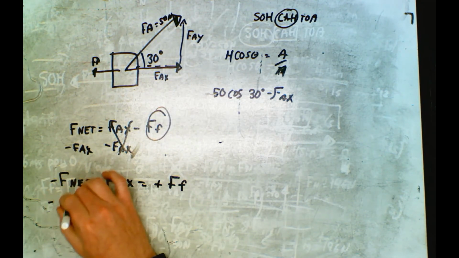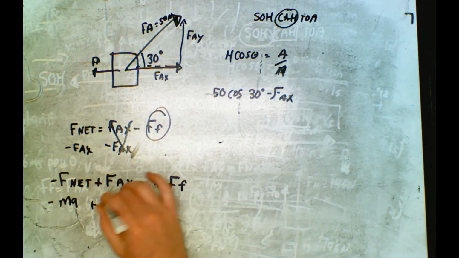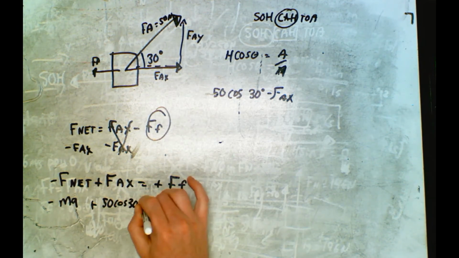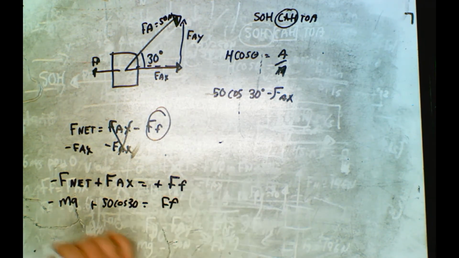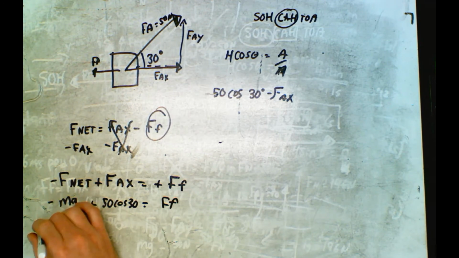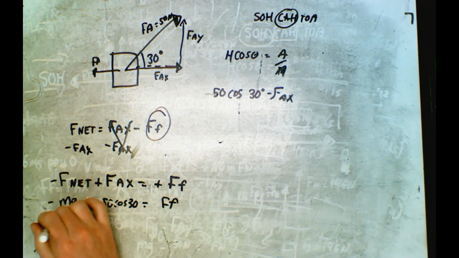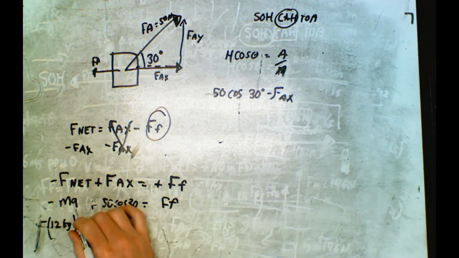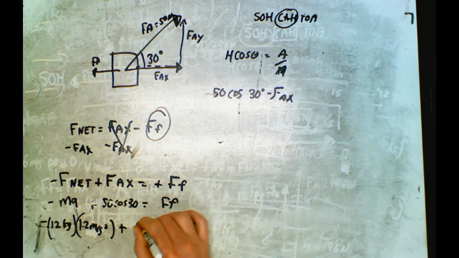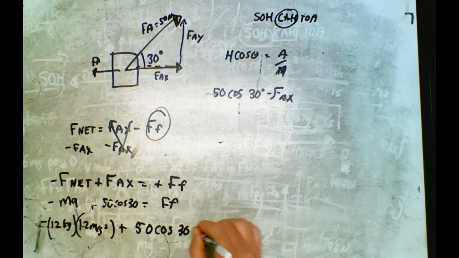So this we can break down into ma, this we can break down into 50 cos 30, and then that's going to equal our force of friction. It said our lawnmower is 12 kilograms, so that should be outside of the brackets. And my acceleration is 1.2 meters per second squared plus 50 cos 30. And that's going to equal my force of friction.